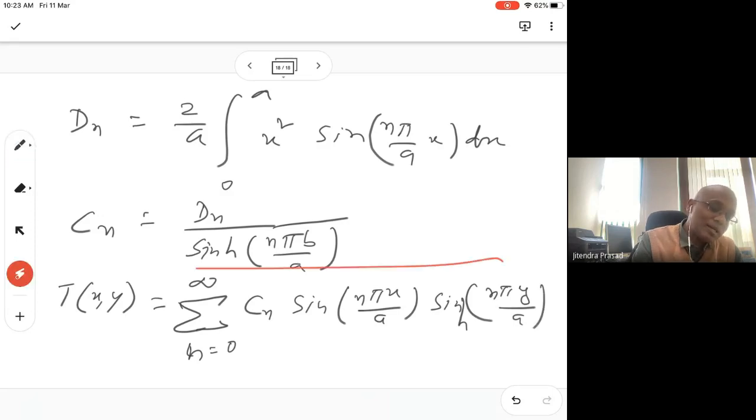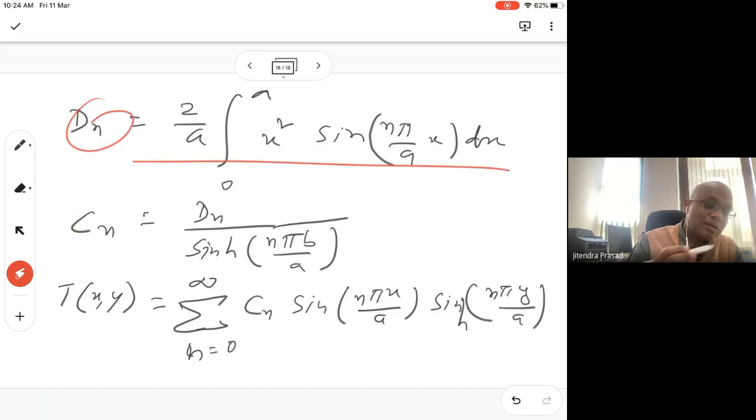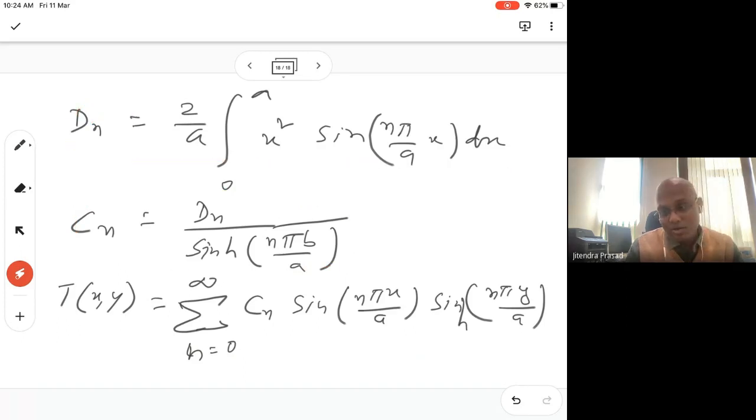So this is the solution now, where Cn is given by this, where Dn is given by this. This is how you do it.